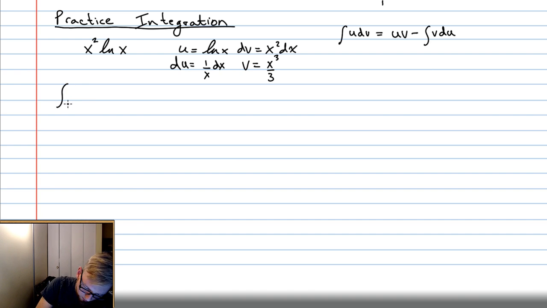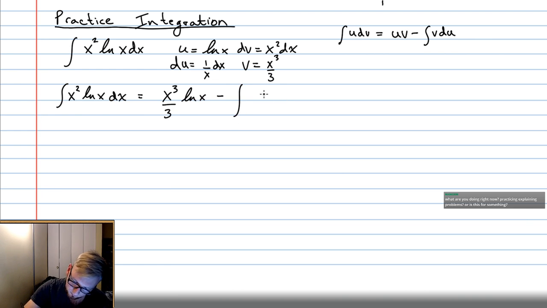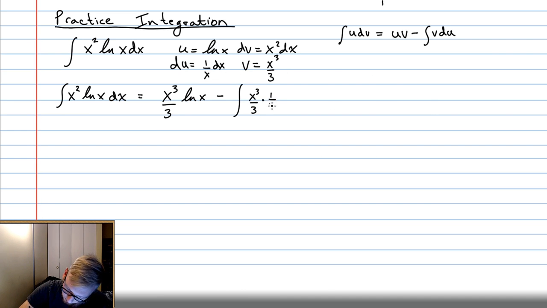So we've got the integral of x squared and ln of x, I should say dx. The x cubed over 3, natural log of x, minus the integral of v, which will be x cubed over 3, and times du, which is 1 over x dx.